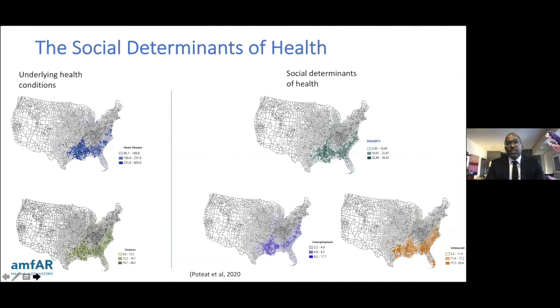But I think some of that is the fact that the genie just might be out of the bottle when it comes to this COVID-19 pandemic. We saw that with Dr. Fauci testifying yesterday, that the numbers right now are escalating at such a point that we can't even do traditional effective contact tracing. It's just not going to be possible. So I'm not sure how people are going to be able to implement these programs. If they are, I do think that there's a role specifically for HIV community-based organizations.